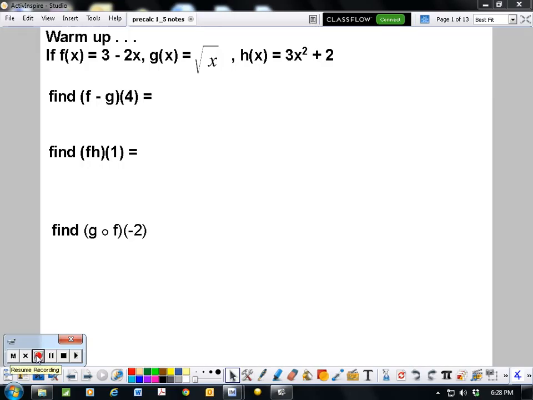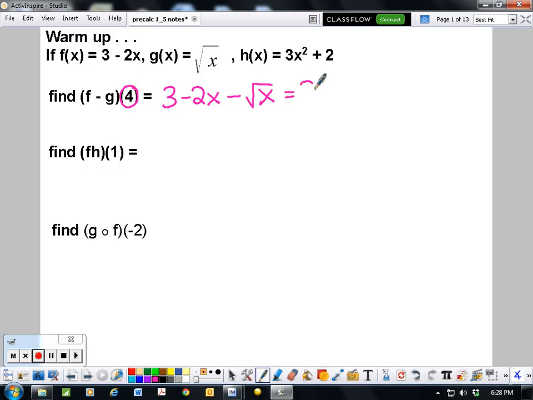Okay, so we're going to go ahead and start off with the subtraction of the two functions. I'm going to take my first function, 3 minus 2x, and subtract the second function g of x. And then, because it says 4 here, that means I'm going to plug 4 into wherever there's an x.